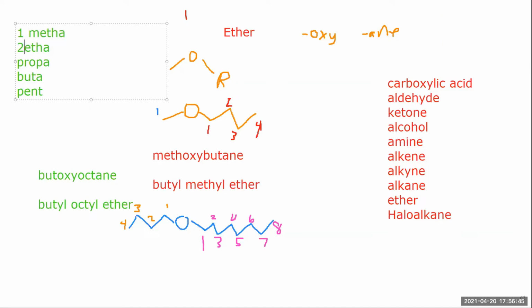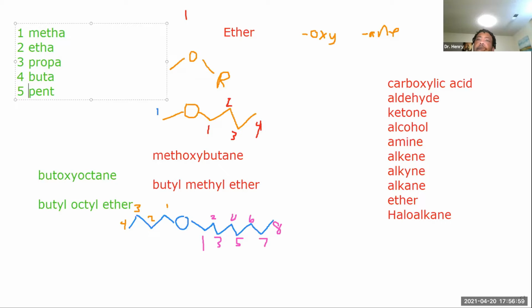Dr. Henry? Yep. What is the relevance of learning this? Is it just for ingredient purposes on things that we're going to use? If you're going into the medical field, a lot of drugs are named like methyloxybutane, right?